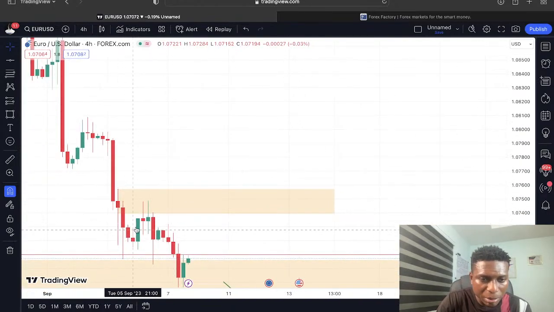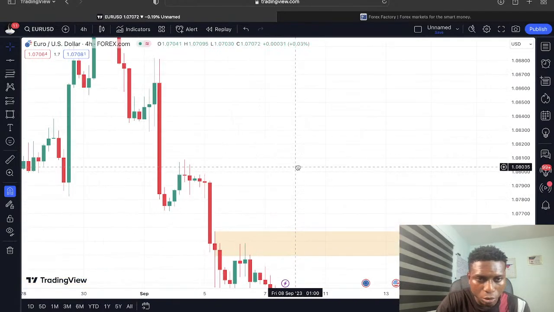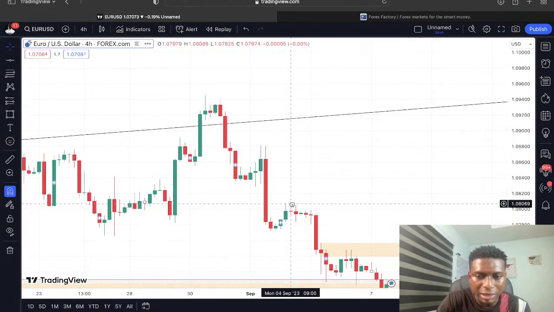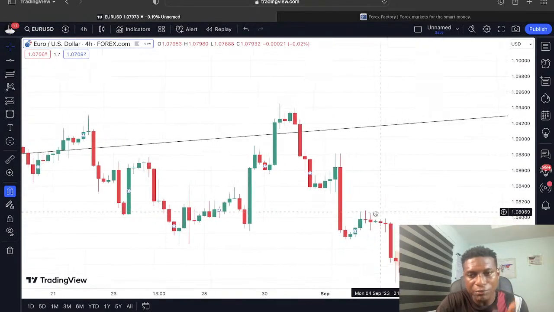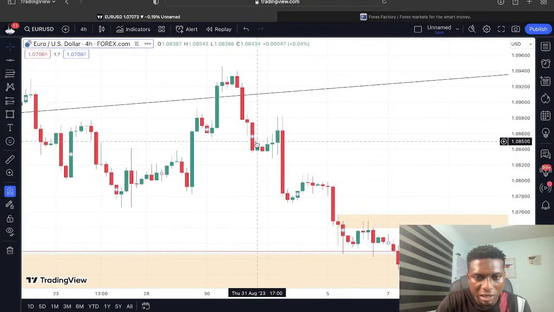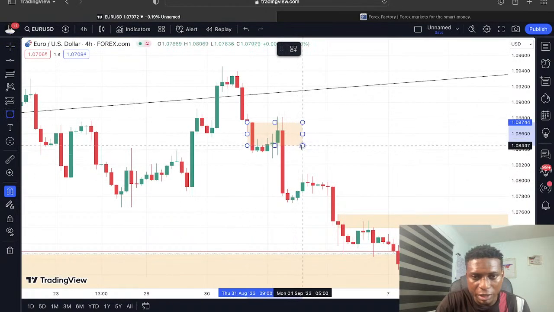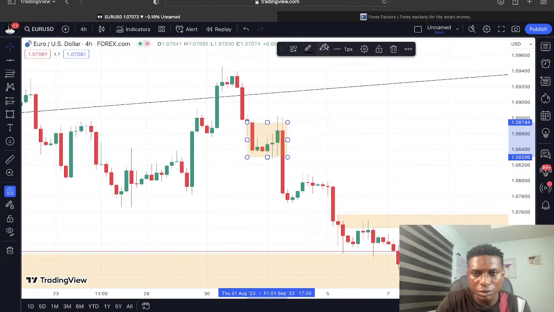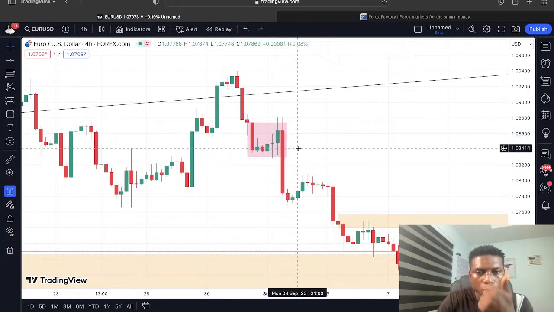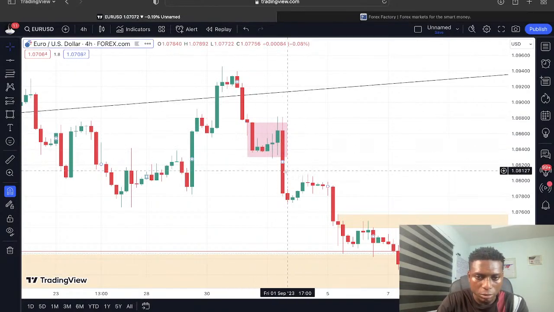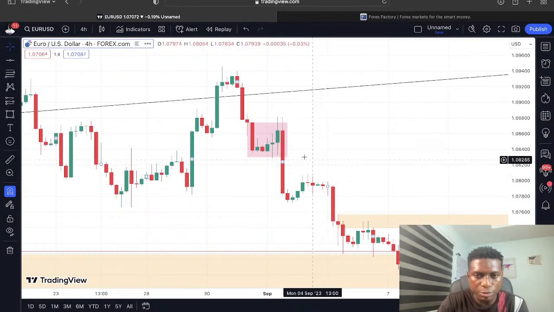You see that there was a minor consolidation here, and when minor consolidations like that are created, it has always resulted in a further fall in price. So if you look at this level, we have a minor consolidation here. I'll have to just change the color a bit. What can we use? Okay, let's use this. So we have a minor consolidation here, and what happened? There was a breakout, price broke further.